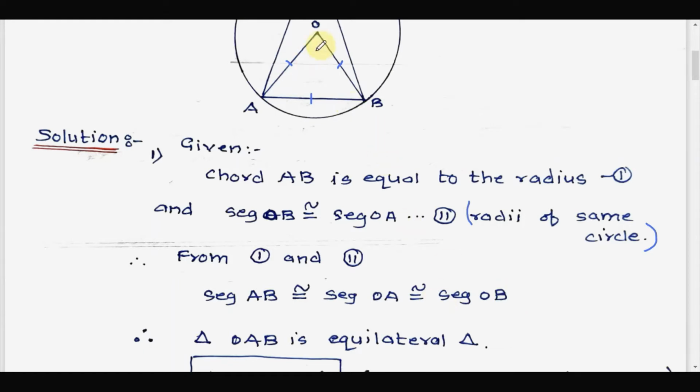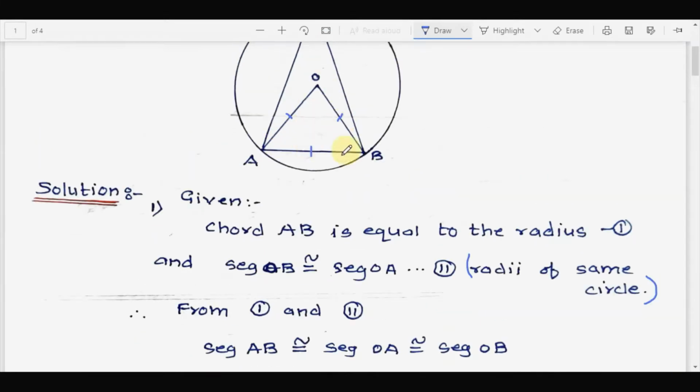Alright, so which type of triangle is triangle OAB? Triangle OAB is an equilateral triangle, correct or not? You know the properties of an equilateral triangle. What do we mean by equilateral triangle? All sides are congruent and each angle is how many degrees?